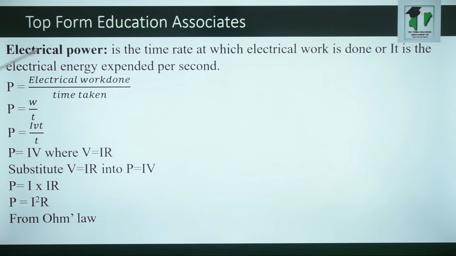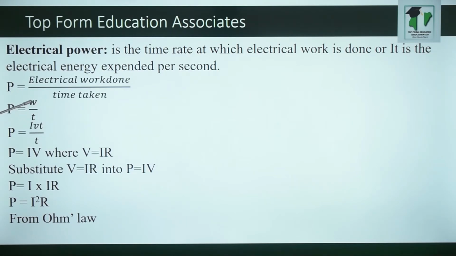So from that definition, we have the formula that P, representing power, is equal to electrical work done over the time taken. So we have P is equal to W, representing electrical work done, over T, representing time taken.